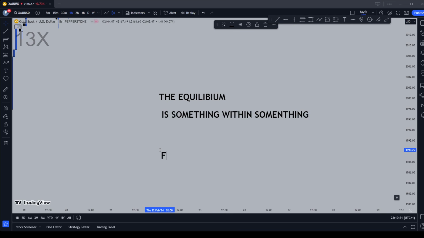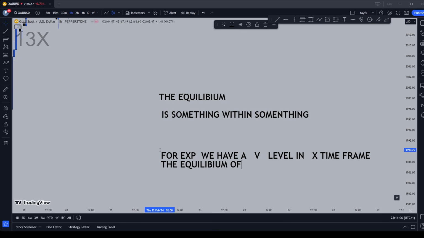We have a V level in X time frame. The equilibrium of that V level is the thing we are going to find.